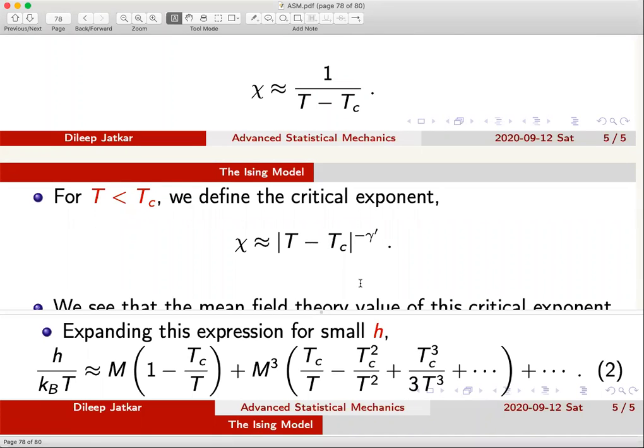You could have said that if chi goes as (T - Tc) to some power times an exponential of minus something, then it is the exponential piece which would have dominated the entire game, because the rate at which the susceptibility function falls would be completely determined by the exponential function.